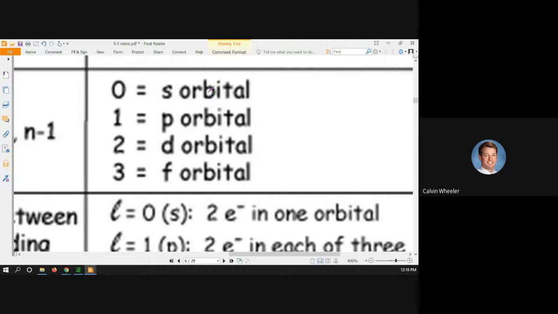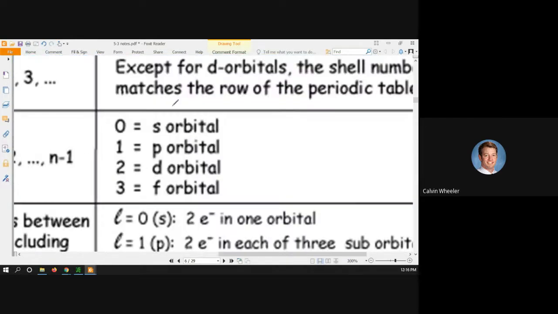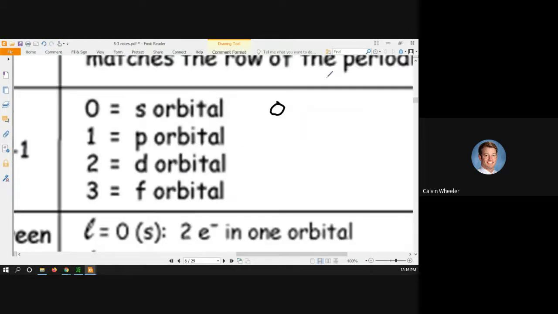A sphere is symmetrical in 3 dimensions. So if I orient that sphere along the x, y, or z, I'm not going to be able to tell the difference because it's symmetrically the same in all 3 dimensions. So therefore, the orientation available for an s orbital is 0.